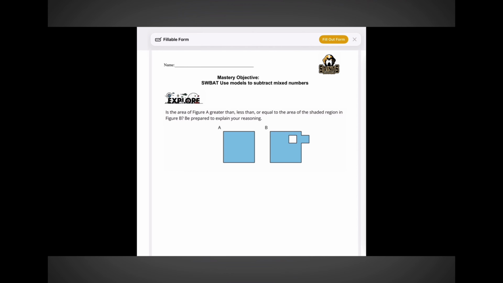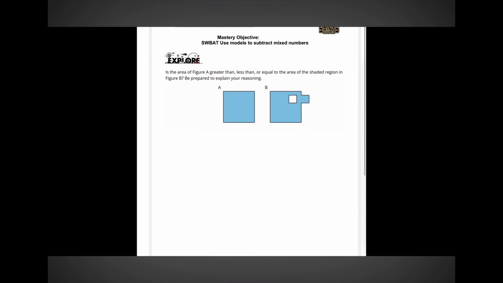I want to highlight the explore on this one. There's actually two explores, this one here, and then this next one here on page 5. The big goal with explores, anytime you're exploring, is to circulate and listen, not to be teaching and showing. You're listening for the ideas they already have so that you can pull those ideas to the surface at the end of the explore time.